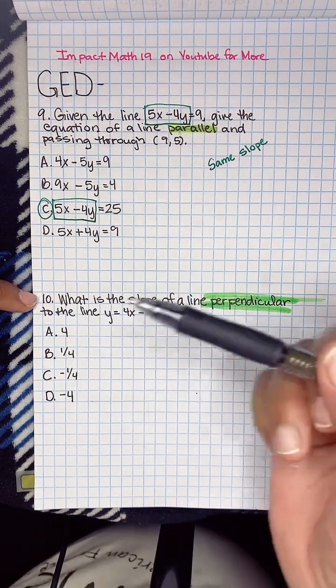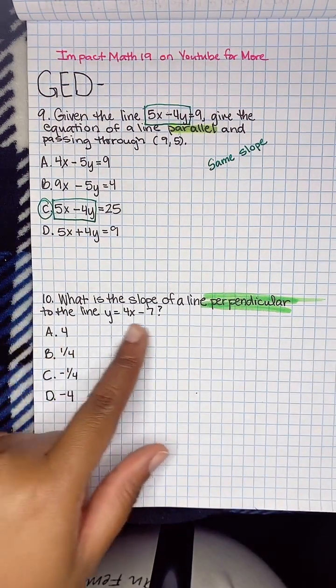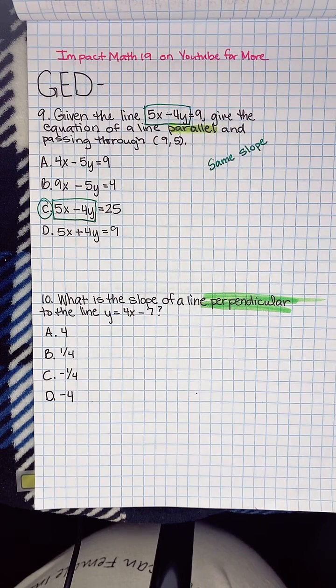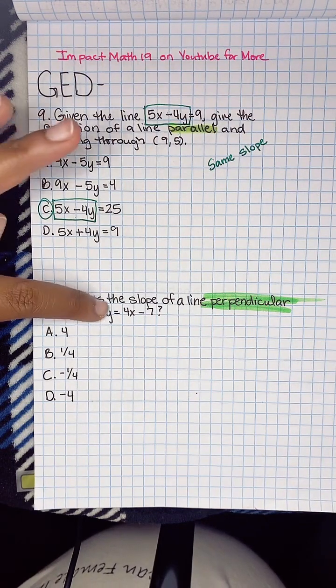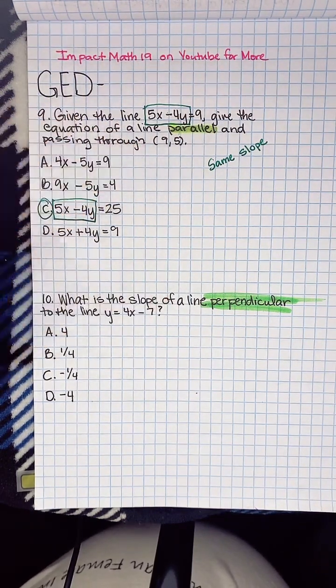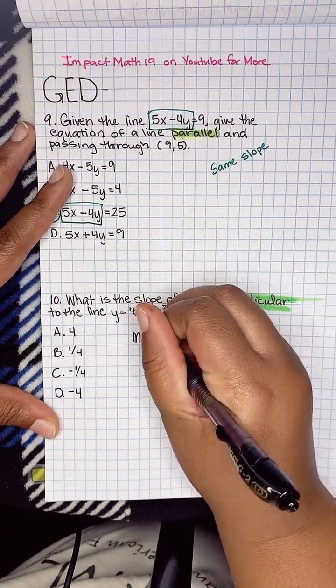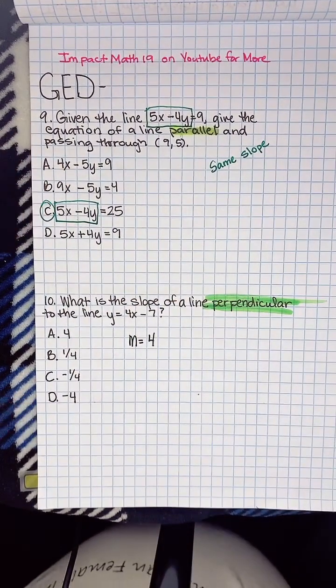All right. So does anybody know which one is the slope? So we're getting D. Just tell me what's the slope of this equation. 4x. Good. 4. Perfect. So this is my slope here. 4. All right.